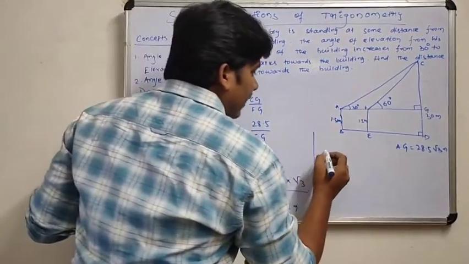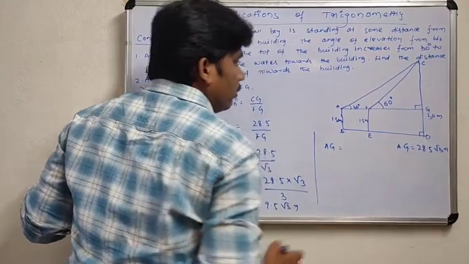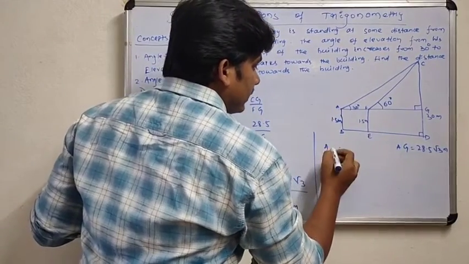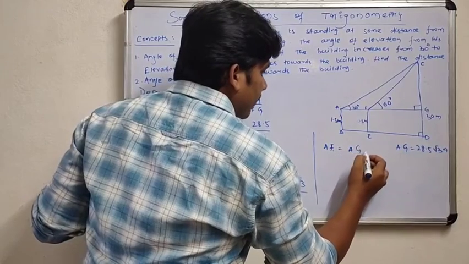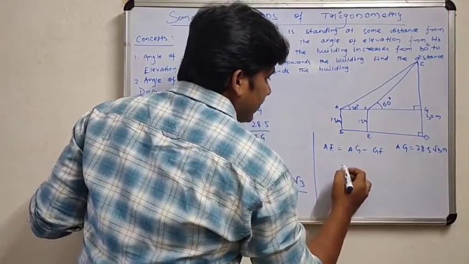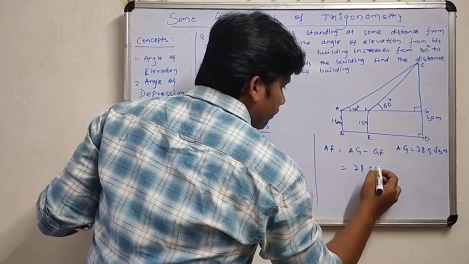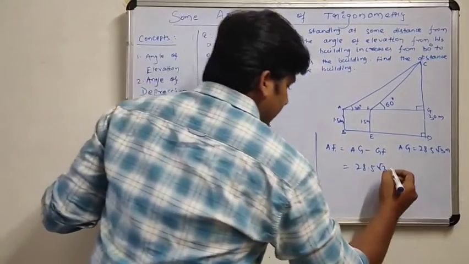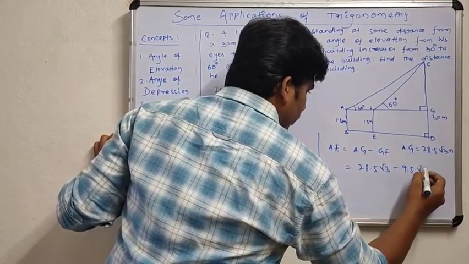Now, if I get the value for the AF, what will I write? I will write AG minus GF. This AG is 28.5 root 3, as we know earlier, and FG is 9.5 root 3.